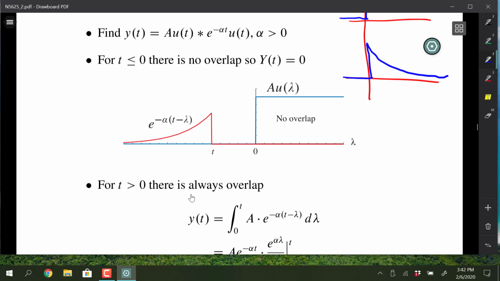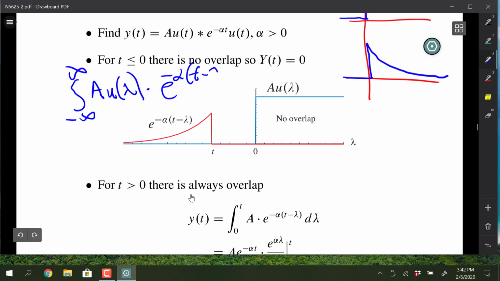You have to think about how you set up the integrand. So in this particular case, I chose to do u of lambda, and then in the integrand I put e to the minus alpha times t minus lambda, u of t minus lambda, d lambda.